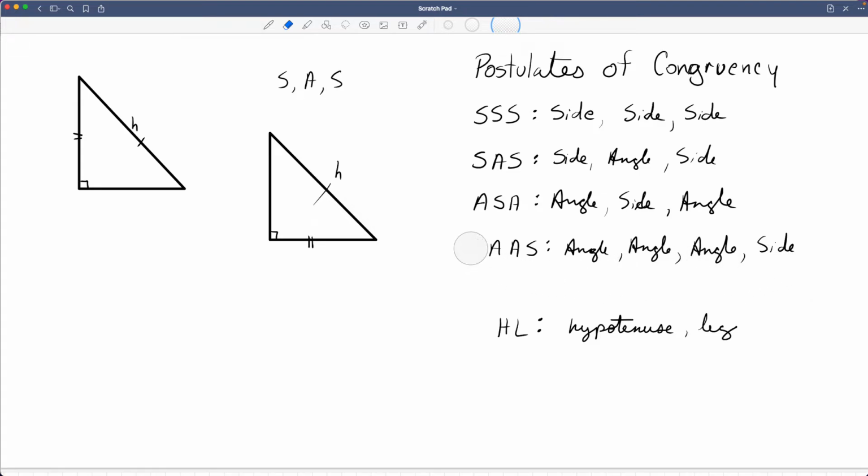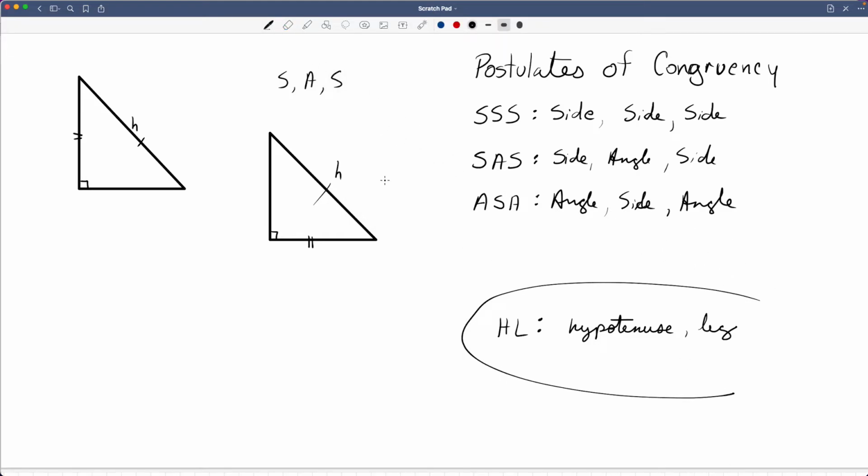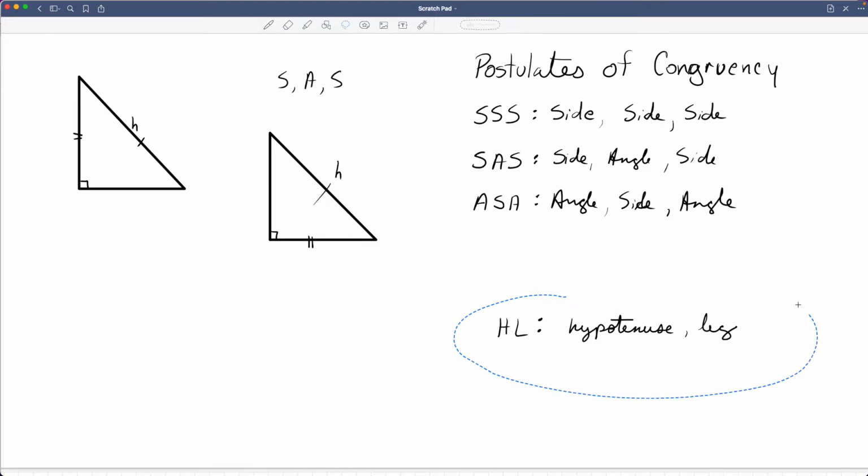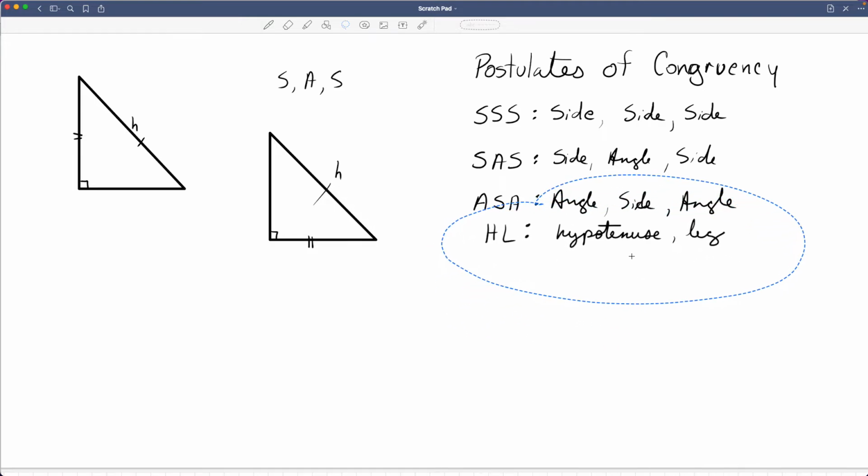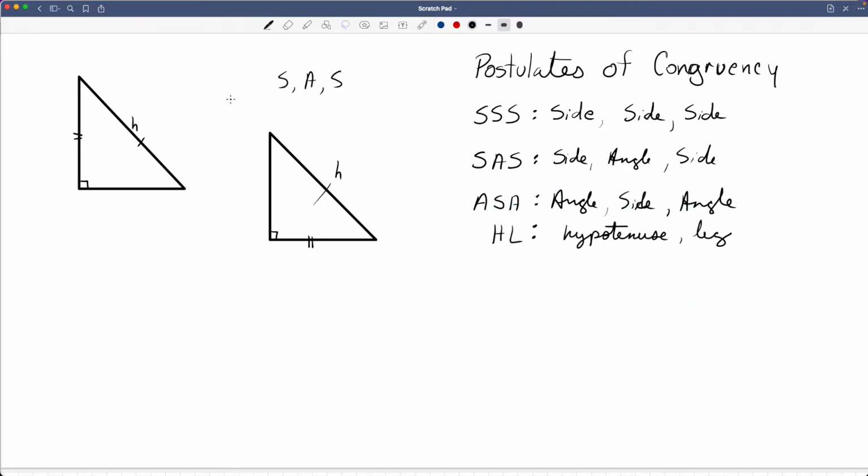And honestly, we don't really even need that one, because if you have angle, side, angle, you have angle, angle, angle, side. It's the same thing. So if you can write a proof using these four, and that's not what I meant to do. I meant to circle it with this and drag it up. If you can just remember these four, you can write all the proofs you need.